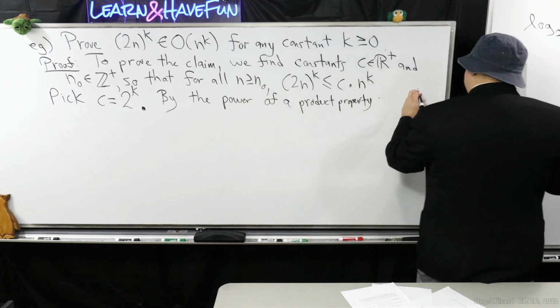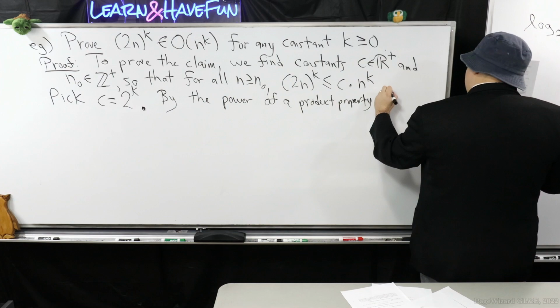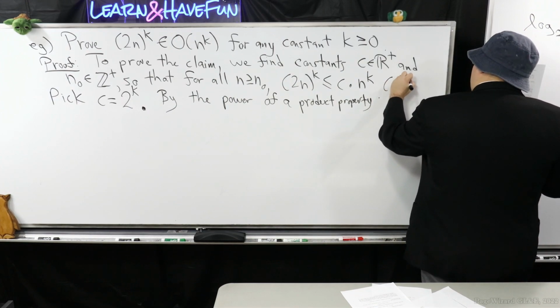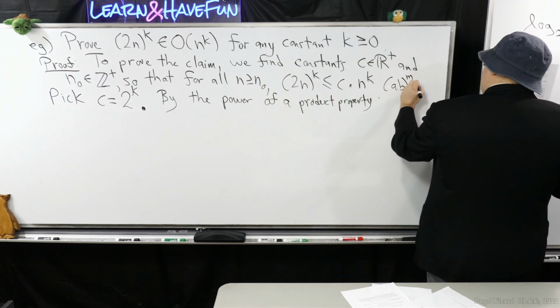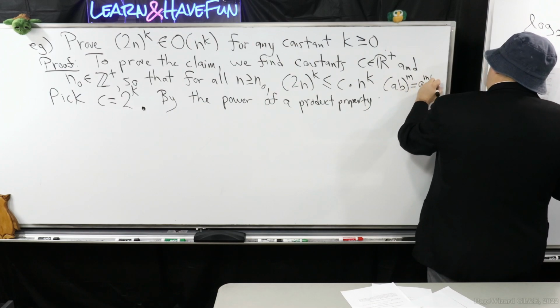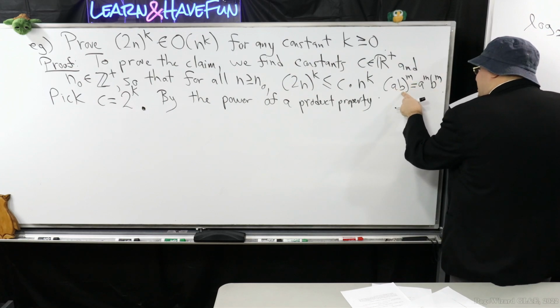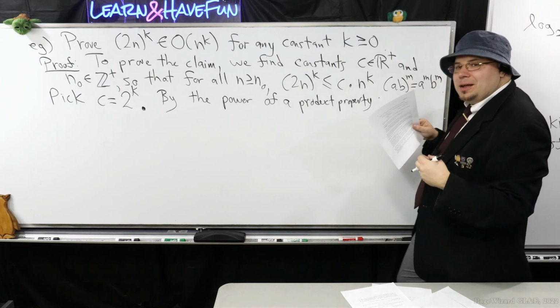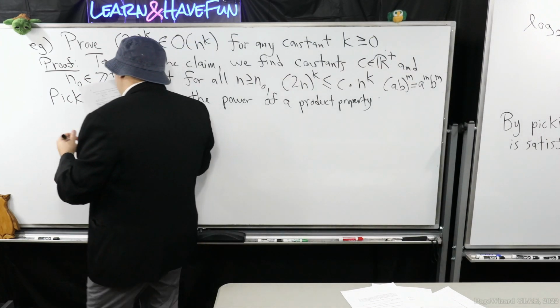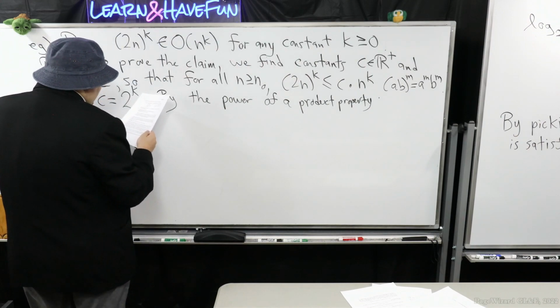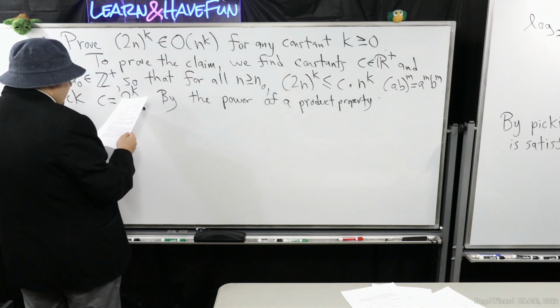So I'll just write it off to the side here. What it says is that ab to the power of m is equal to a to the m, b to the m. That's what it says. So what I'm doing is I'm applying the exponent to each separate thing it's being multiplied by. So I could just simply use this, right?